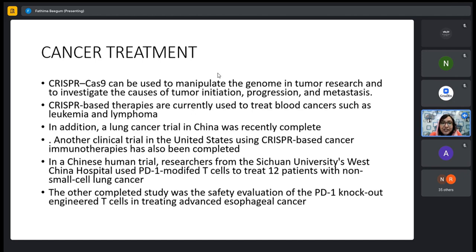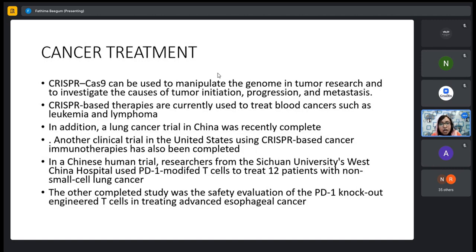So in cancer treatment, CRISPR-Cas9 is used to manipulate the genome. In tumor research, it was used to manipulate the genome and to study tumor initiation, progression, and also the metastatic phase. CRISPR-based therapy is currently in clinical trials.